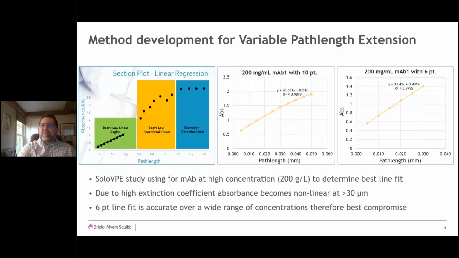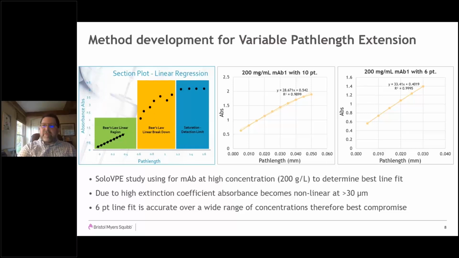So how do we do the method development for variable path length extension? That's what the original VPE and now VPX meant. I'm not going to go too much into this because, like I said, this is a whole other topic, but suffice it to say it's necessary to understand how this technology works in order to use it.